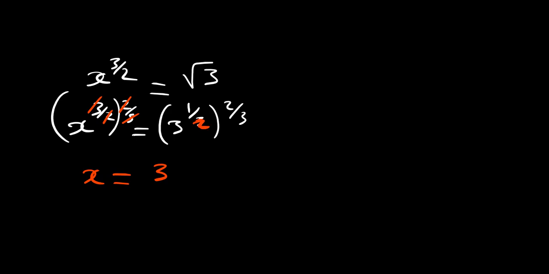So the 2 and the 2 are going to divide. Therefore I'm going to just remain with 1 over 3. Therefore my x now will be equal to 3 to the power 1 over 3. You know that the denominator becomes the root, which is a cube root of 3. So that will be our final answer. So that's how you're going to solve most of these equations. So let's solve another equation.